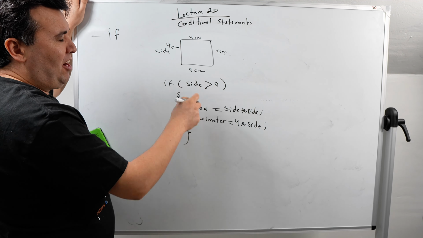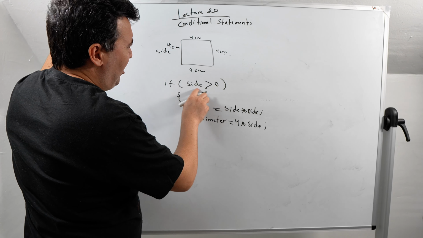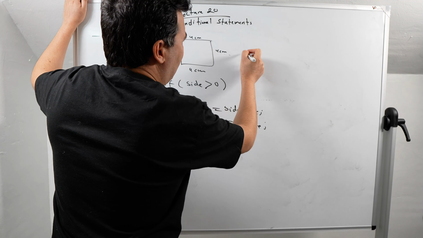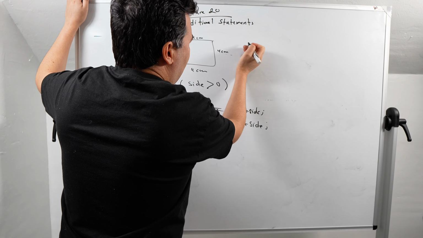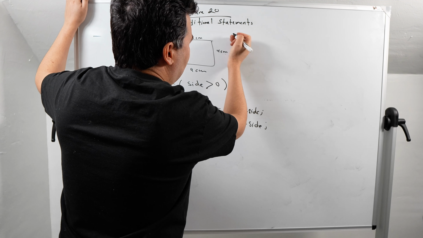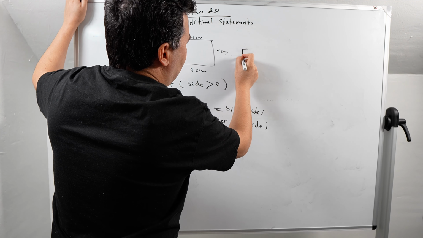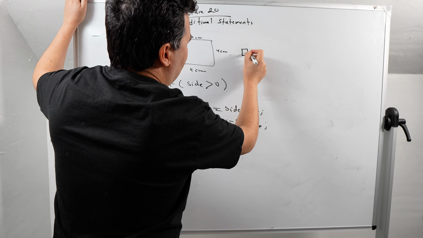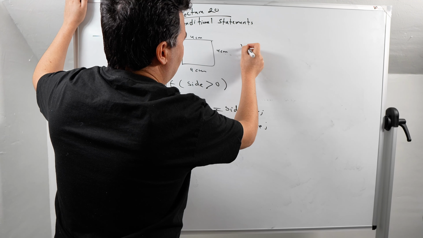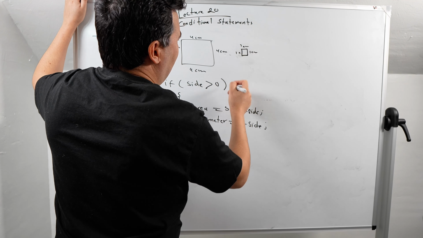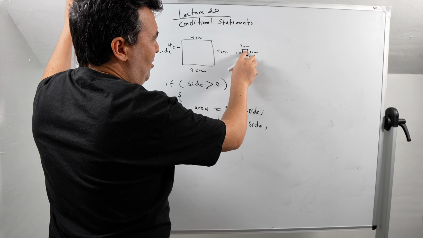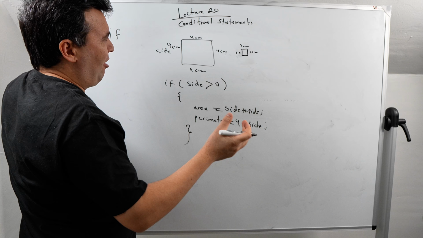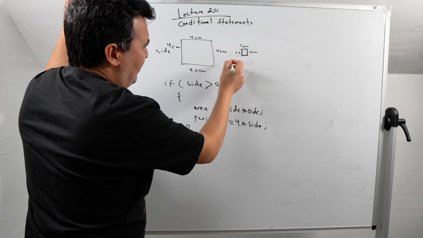Why? If side becomes 1 centimeter, our square shape becomes so small: 1 centimeter this side, 1 centimeter this side, 1 centimeter this side. If side becomes 0, it means our square is a dot.